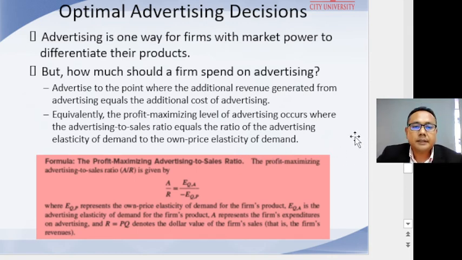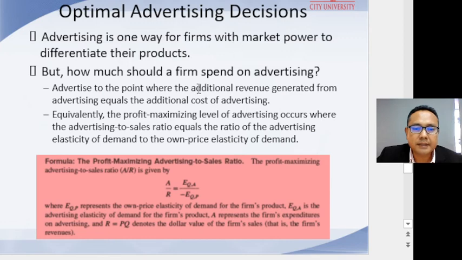Unlike a perfectly competitive firm or market, a monopolistically competitive firm will normally do advertising to make sure they can introduce their product or brand to buyers.